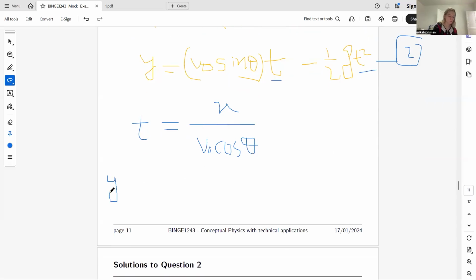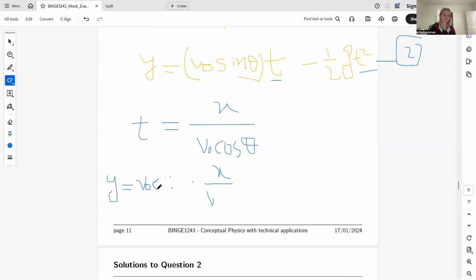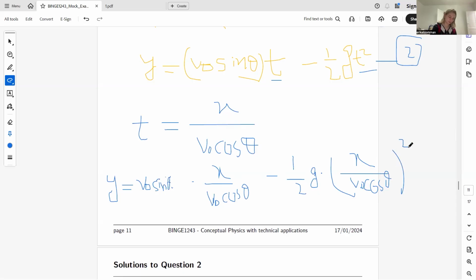Then equation 2 will become y is equal to v naught sine theta, value of t, that is x over v naught cos theta, minus 1 by 2 g, x over v naught cos theta, the square of this value.